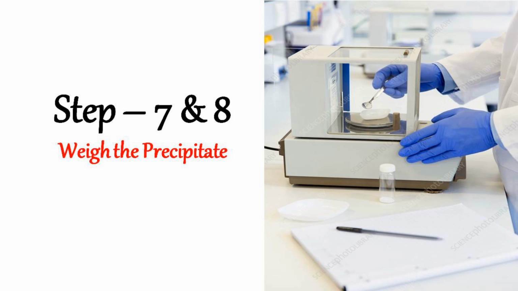From the weight of the crucible and the precipitate and weight of the empty crucible, we can easily calculate weight of the precipitate. So these are the steps involved in gravimetric analysis.